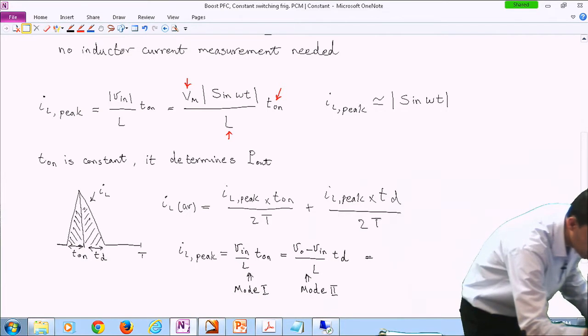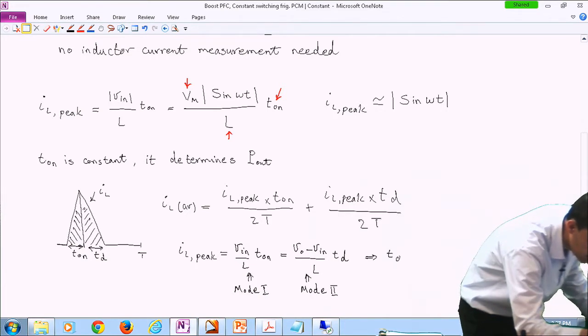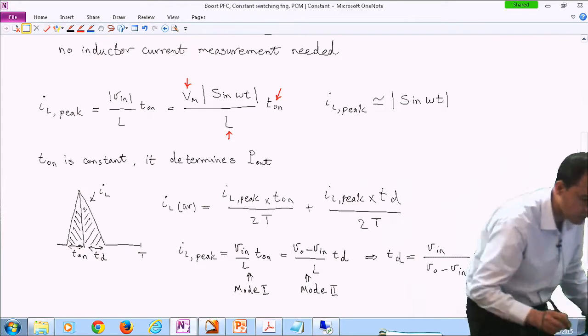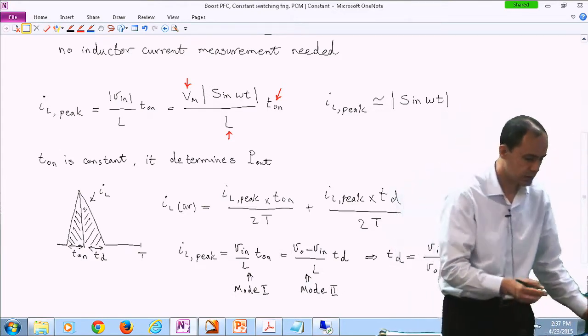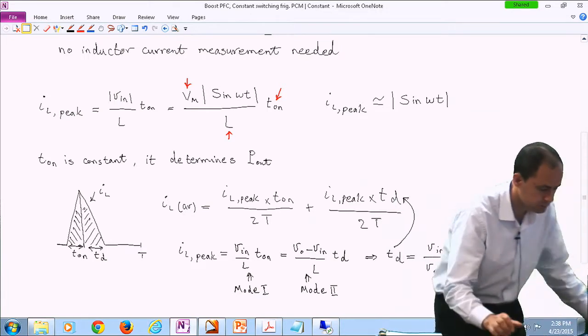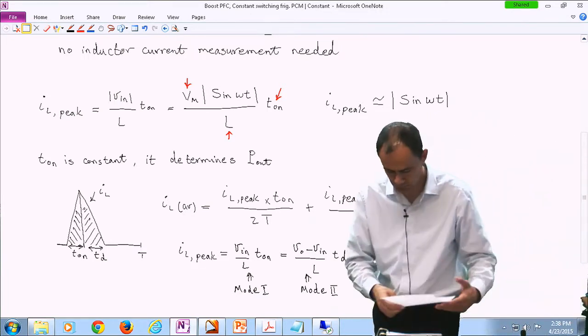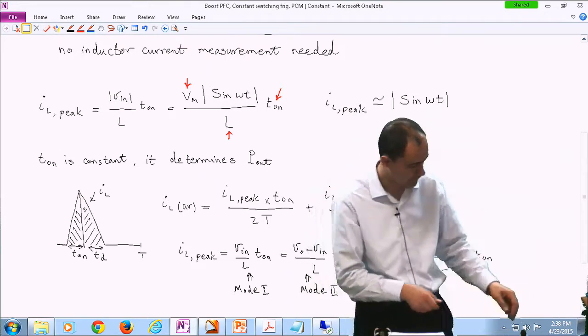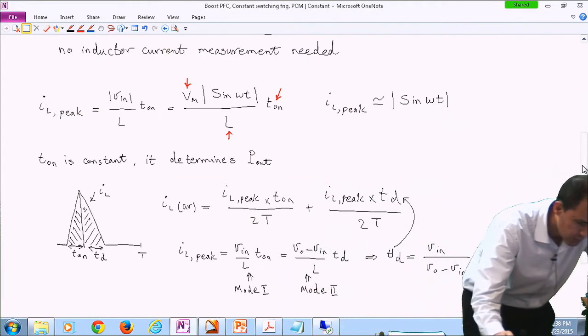So this gives us an expression for T_D. The conduction time of the diode is V_in over V_out minus V_in times T on. Okay? So what I'm going to do now is place this T_D over here.